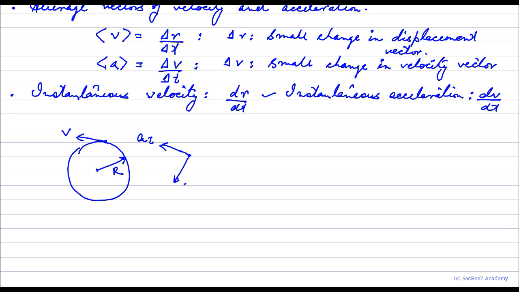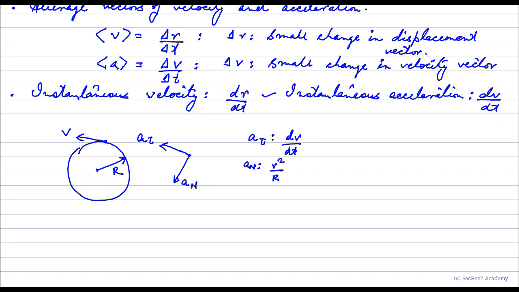The tangential acceleration is going to be nothing else but dv by dt, that is the rate of change of the velocity vector, and the normal acceleration is given by v square by r.